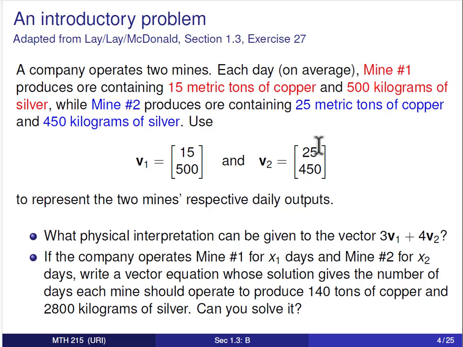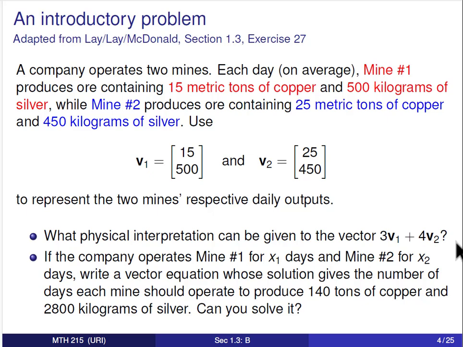You'll see that in both vectors, the first coordinate contains how many metric tons of copper are produced on average in a day, and the second coordinate contains how many kilograms of silver that particular mine produces on average in a day. So the first question we want to ask is what physical interpretation can be given to the vector 3v1 plus 4v2?